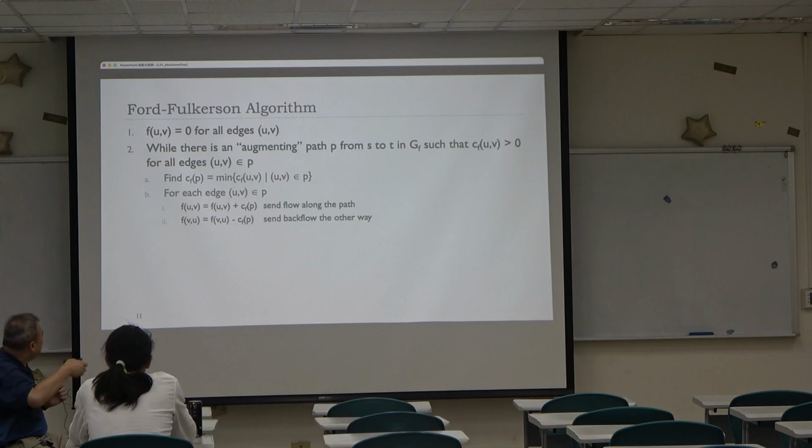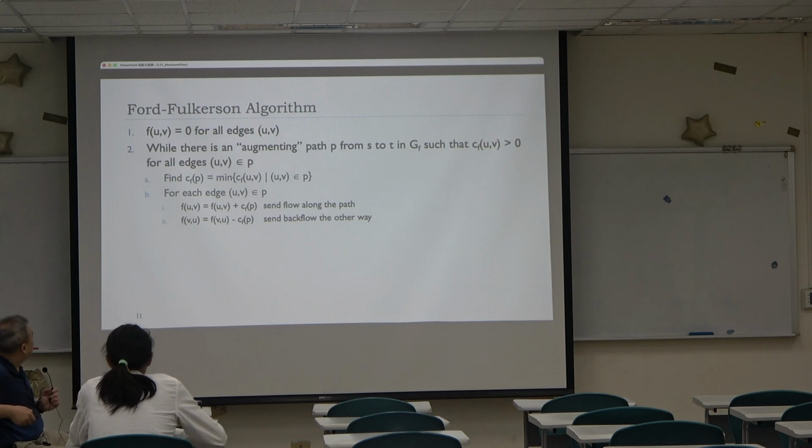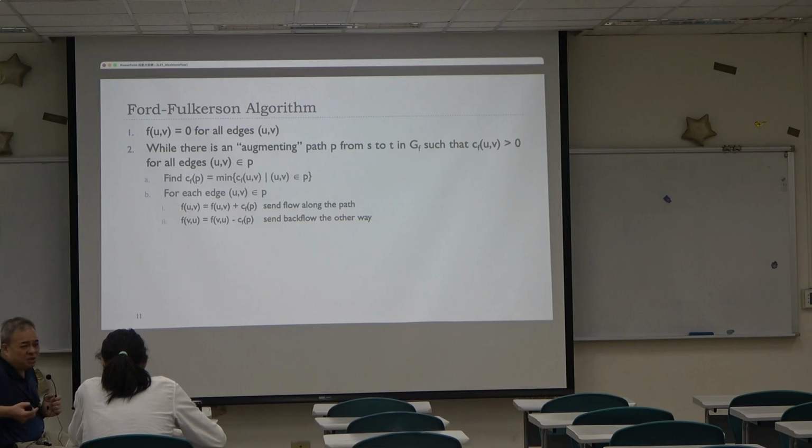But you may wonder, how come we don't see DFS? To be honest, this pseudocode can be used for two algorithms. One is the Ford-Fulkerson algorithm, which uses depth-first search.